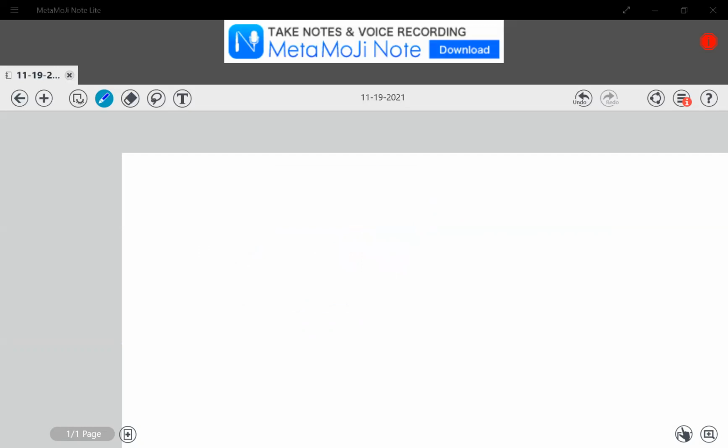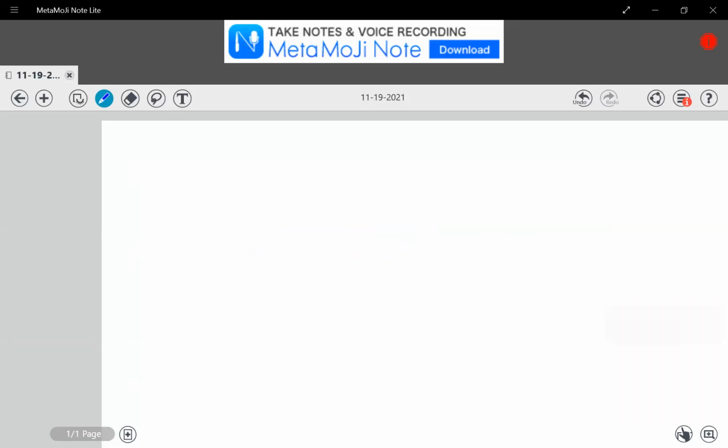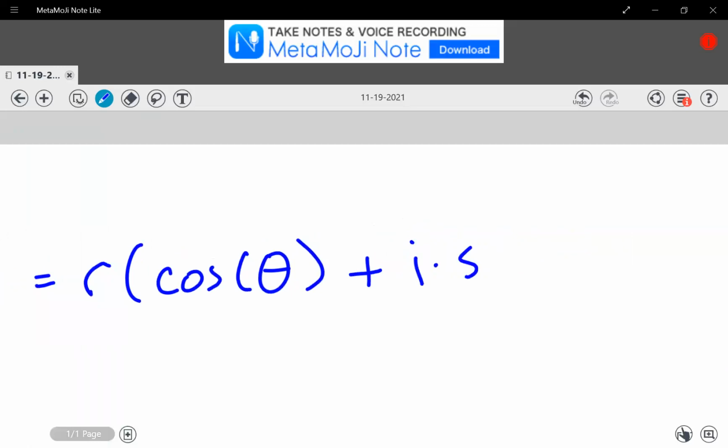As always, if you guys want a derivation, please just comment below. So basically, we will get this formula where our z, just an arbitrary number, is equal to r times cosine of theta plus i times sine of theta.